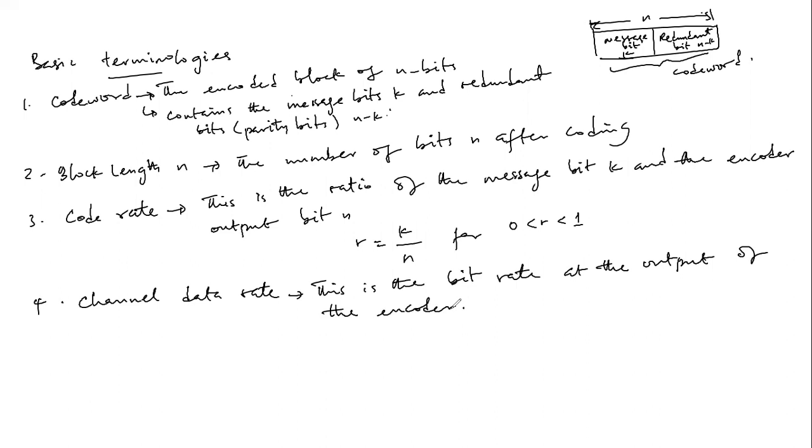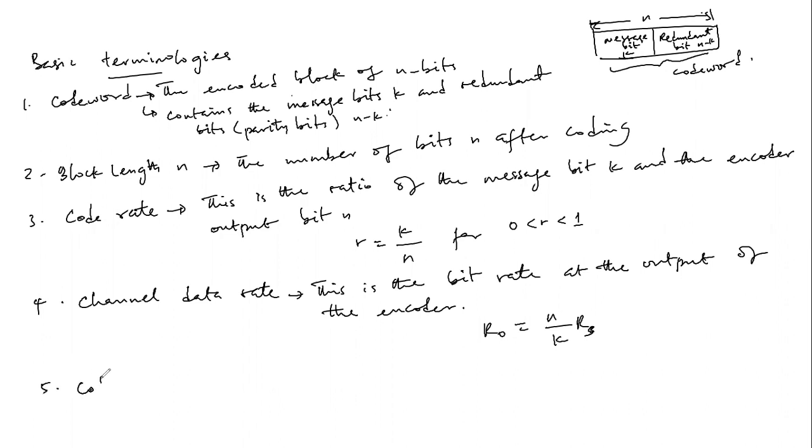So if the bit rate at the input of the encoder is Rs, then the channel data rate will be n over k times Rs. That is, if this is the rate at the input, then the output data rate will be R naught.